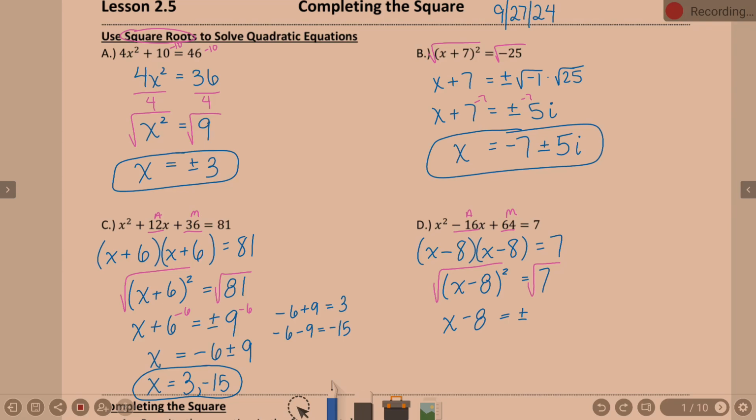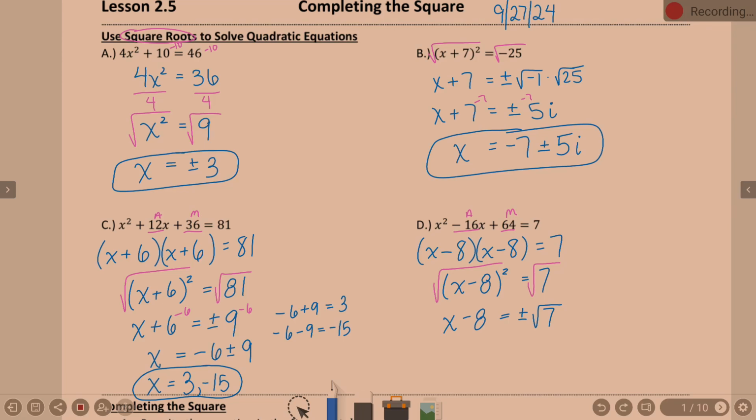Square root of 7 is, can we do the square root of 7? It's a decimal, but do I want decimals? No. Nope. So we're going to leave this as plus or minus the square root of 7. Okay? And it's not even like there's a perfect square I can pull out of there, is it? Okay? So you're done with that square root there.